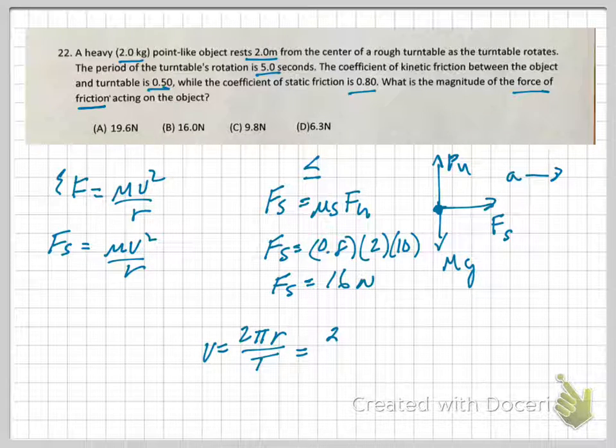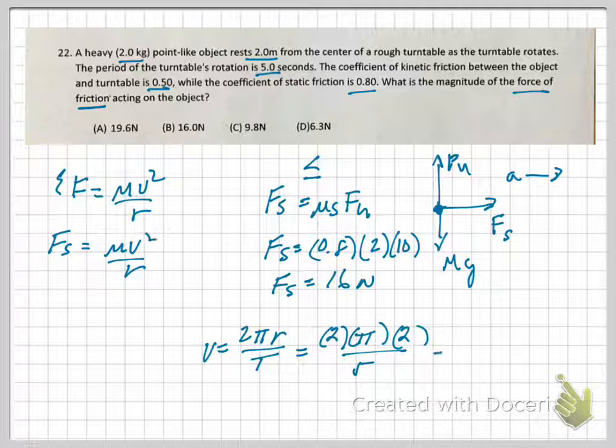So that would be 2 times pi times a radius of 2 over a period of 5 seconds. And that gives us a velocity of 2.5 meters per second.